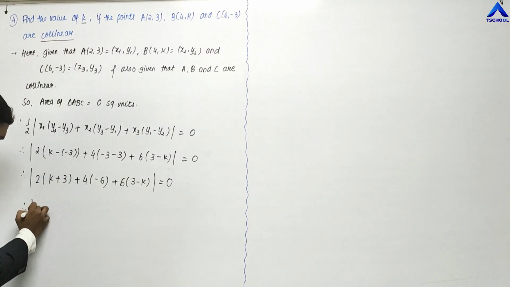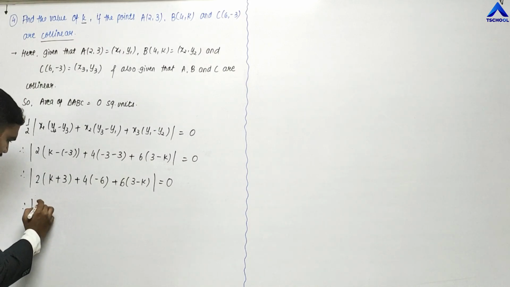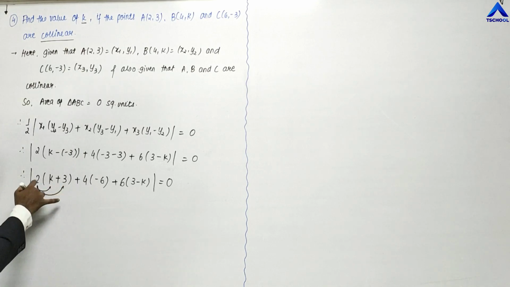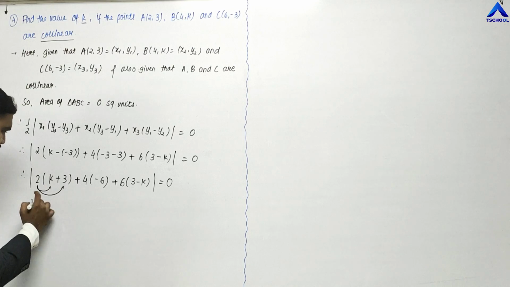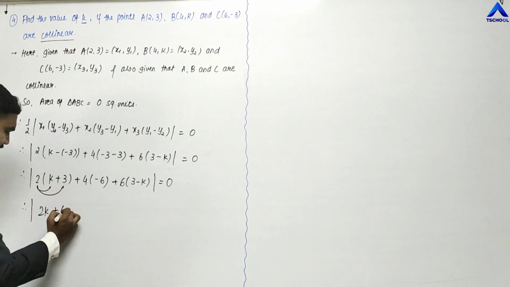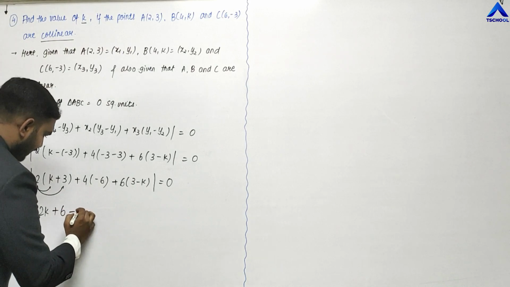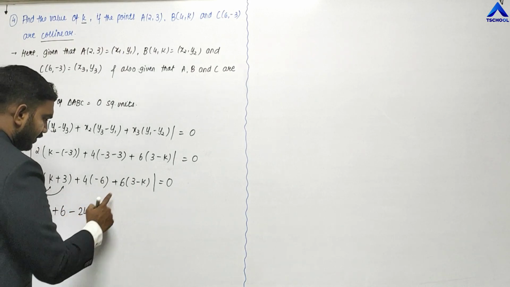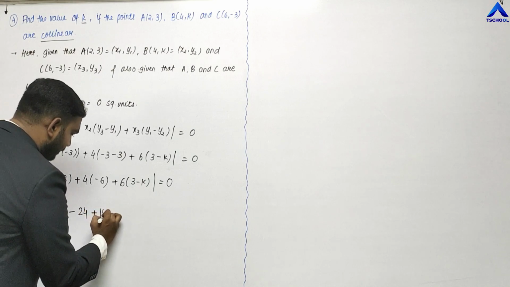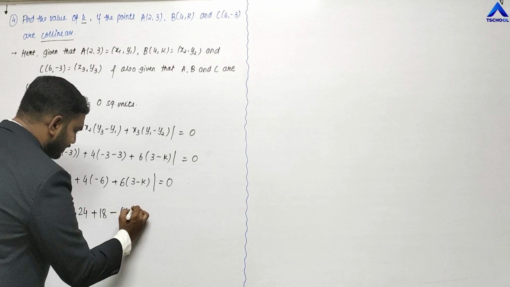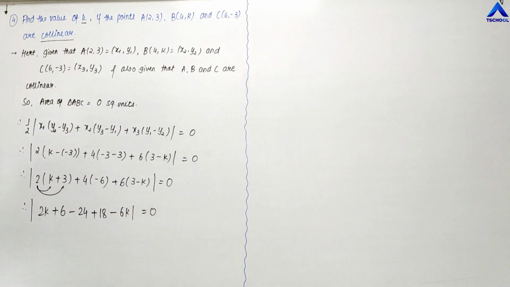Therefore modulus 2 into K plus 3: this 2 will be multiplied with K and with 3 both, so 2K plus 6, plus minus 4 into 6 is 24, plus 6 into 3 is 18 plus minus 6K is equal to 0.